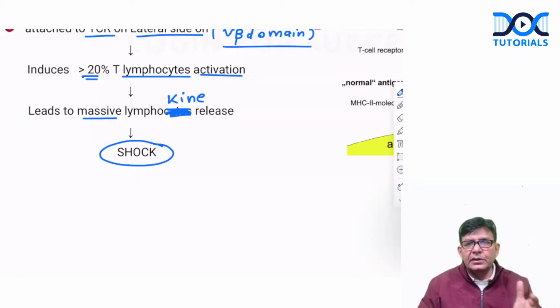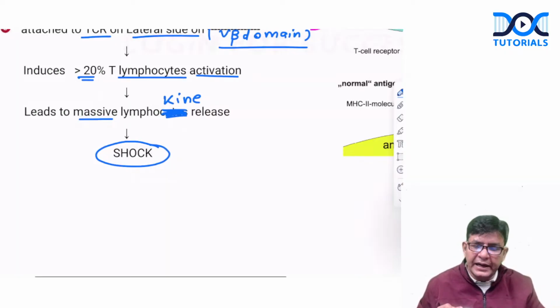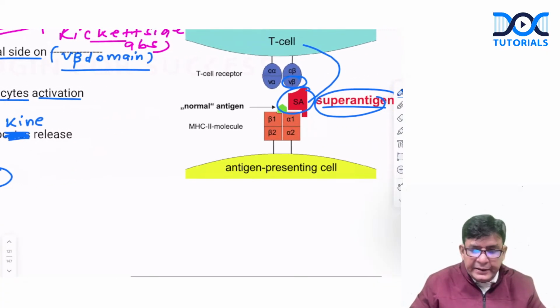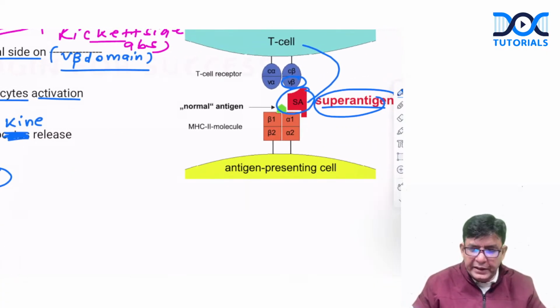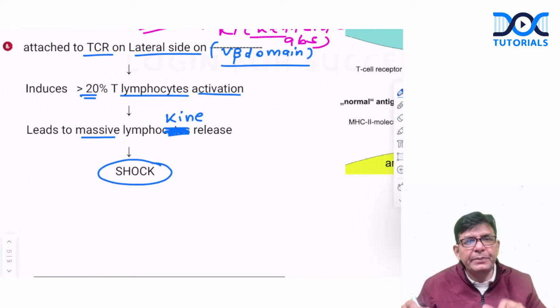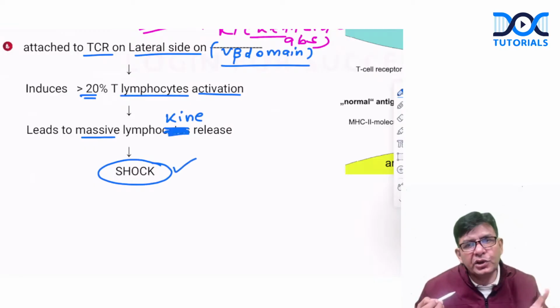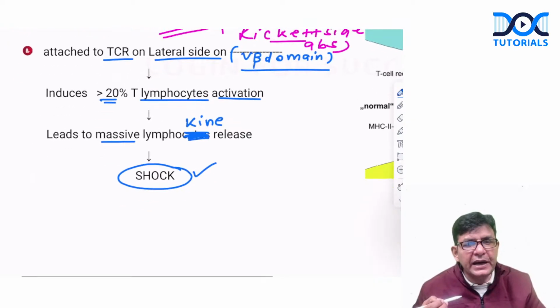This is the story of the superantigen. So remember, a superantigen attaches laterally on the V beta domain and activates more than 20% of T lymphocytes, which leads to massive lymphokine release, and that leads to shock.